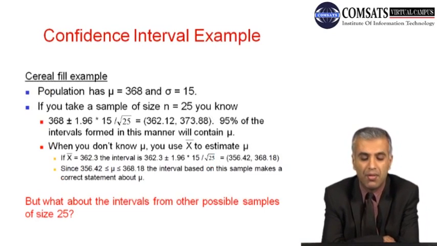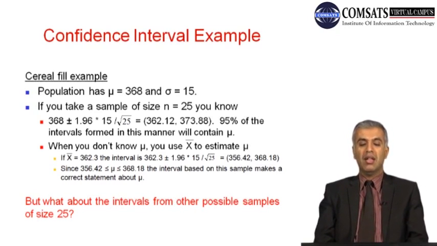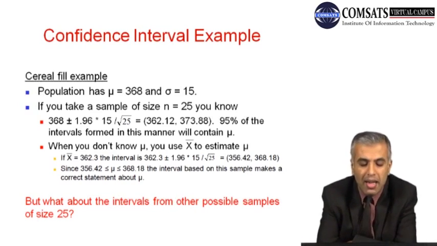Now this is a cereal fill example in which we have a certain population mean equal to 368, and a sigma value of 15. If we take a sample size of n equal to 25, then the confidence interval estimates can easily be calculated through the formulas we have been given.